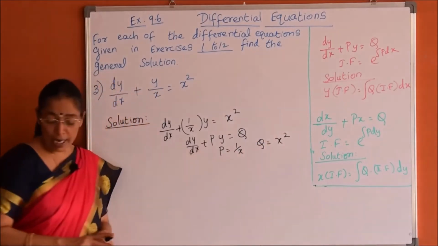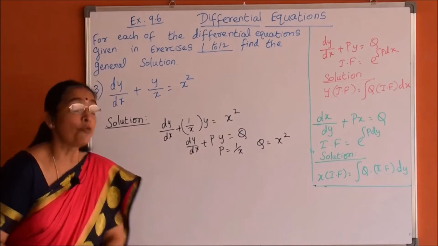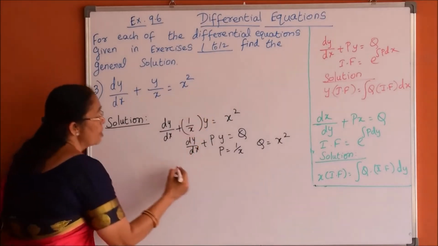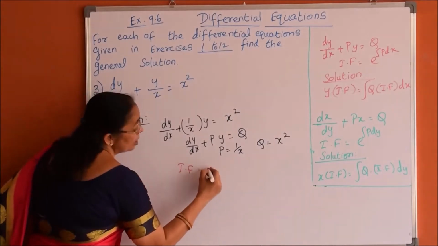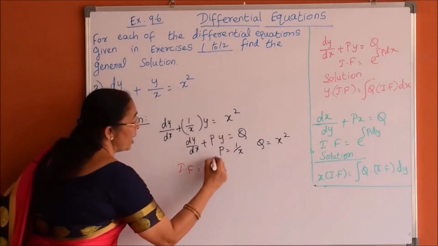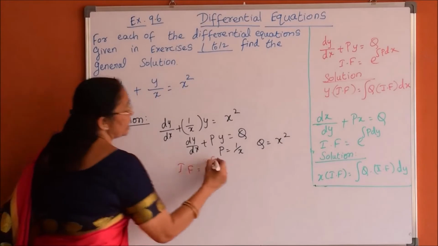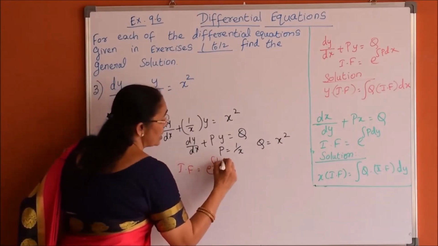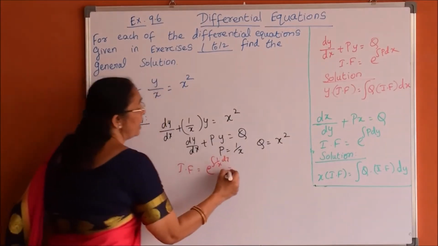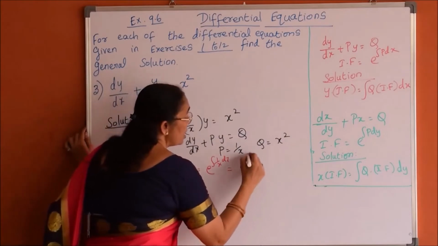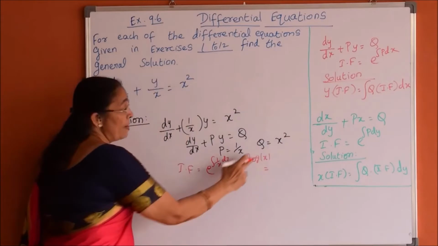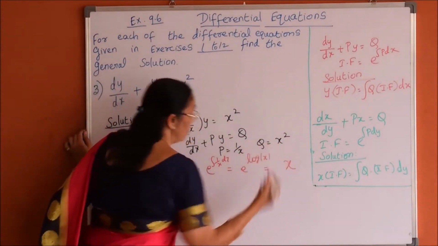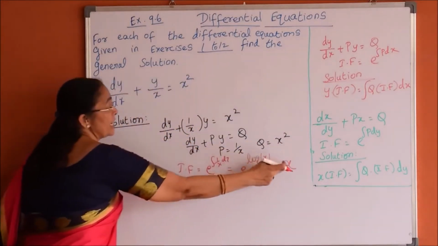So both p and q are functions of x. So our integrating factor is equal to e power integration of p of x dx, e power integration of 1 by x dx, that is dx by x, which is nothing but log mod x. e power log mod x is nothing but e power log x, which is x. So integrating factor is just x.